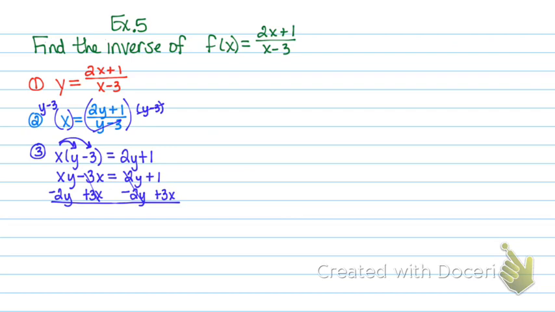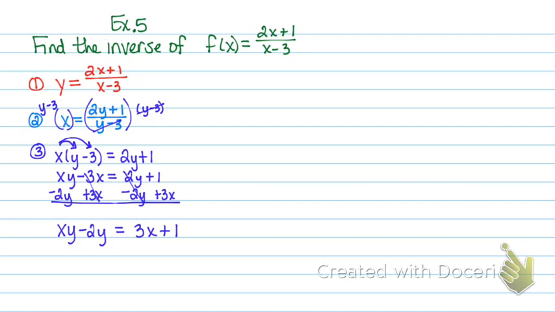So on that left-hand side, we have xy minus 2y equals, and on the right-hand side, it doesn't matter which one you put first, the 1 or the 3x, because they're both positive, so I have 3x plus 1.